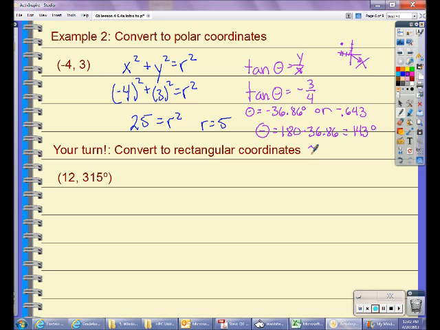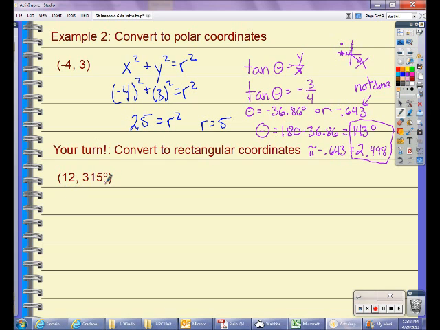And pi minus 0.643, which should, from my notes, give us approximately 2.498. So that would be degrees and radians. These are the correct answers. These are not correct. You would not be done if you gave me those answers, because they must be in the correct quadrant. Okay?